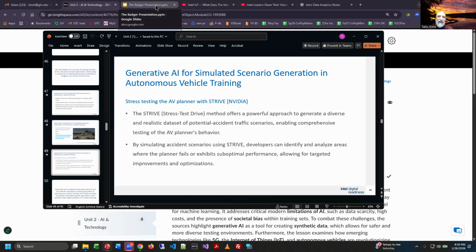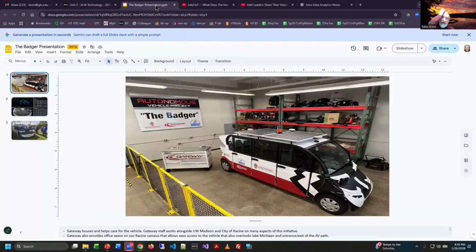Racine, and I think I have one of the slideshows here, they've been working on this for a while. I think they've now abandoned this project because it's really costly, but they were building the Racine Badger, a fully autonomous electric self-driving minibus.